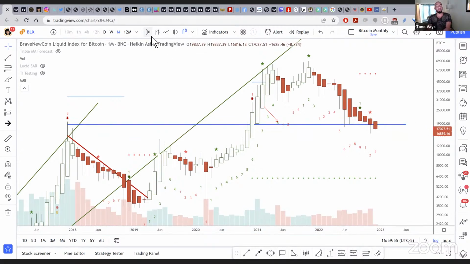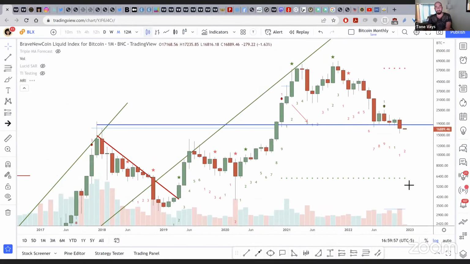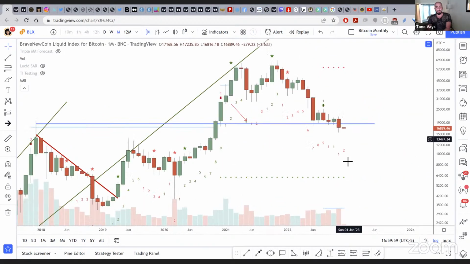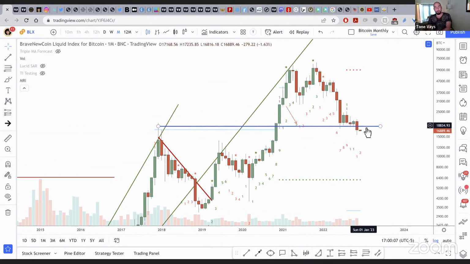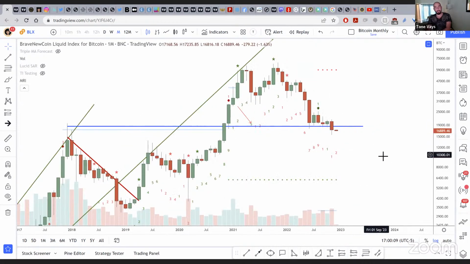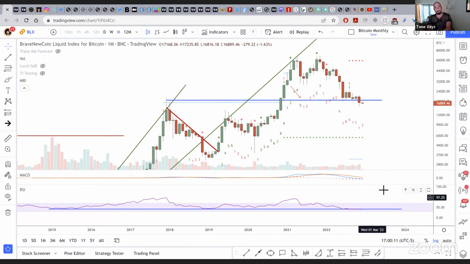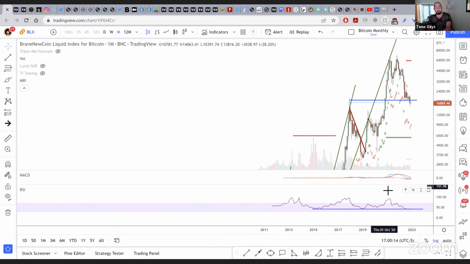Also, I haven't looked at the regular candles in a while, and man, the regular candles do not look good. We did close below this line on the regular candles. Yeah, the monthly chart is very bad looking.